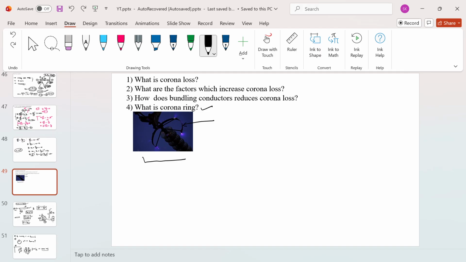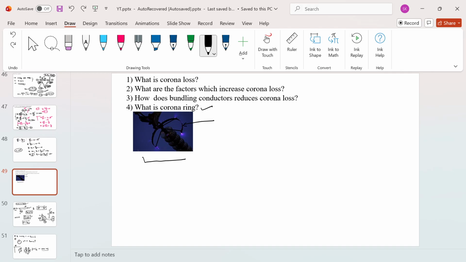Here the ring behaves as a conductor because it is connected to the transmission lines or conductor itself. So your effective area is increasing and the electric field is distributed, so your corona losses will also reduce.